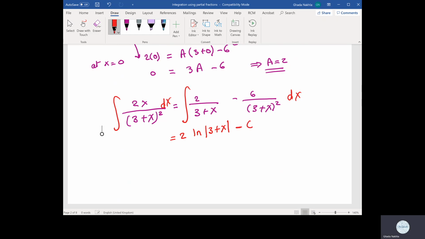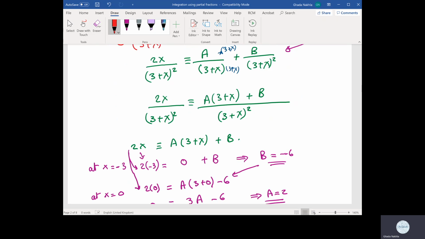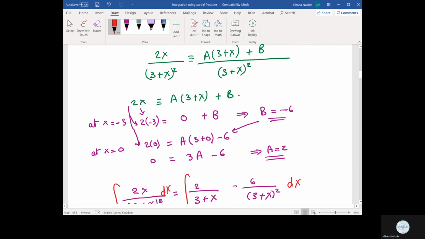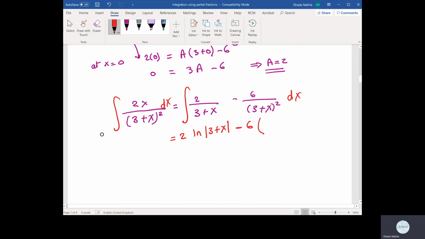Minus 6. Now we are integrating 1 over 3 plus x all squared dx, which is similar to that one over here. So it's equal to minus 1 over the bracket to the power of 1, divided by the coefficient of x, which is a. So let's go back down here and do exactly what we have just found.